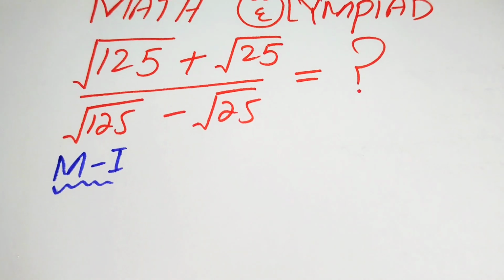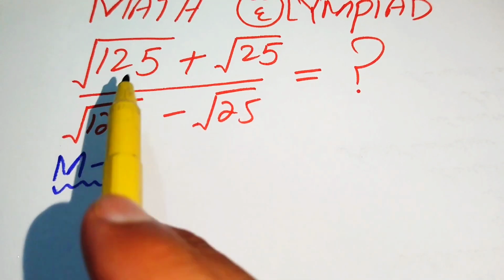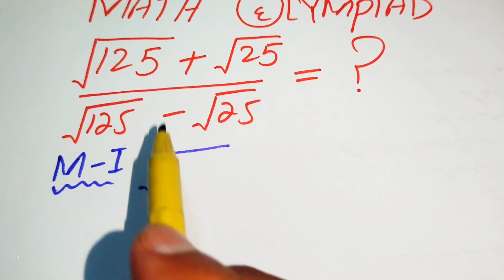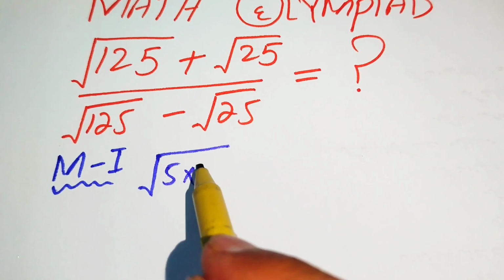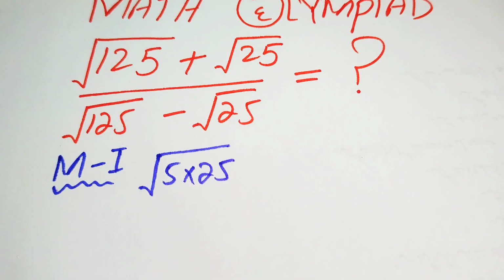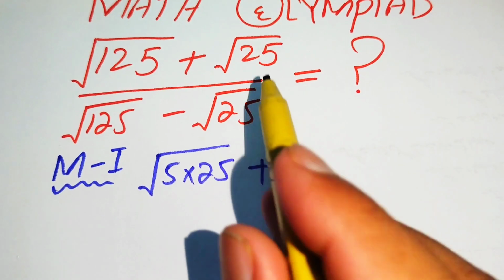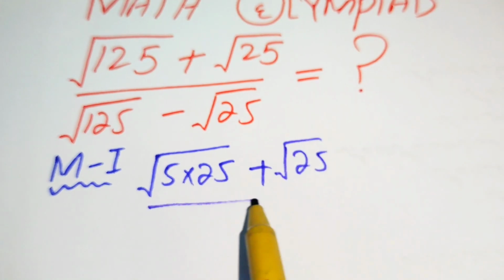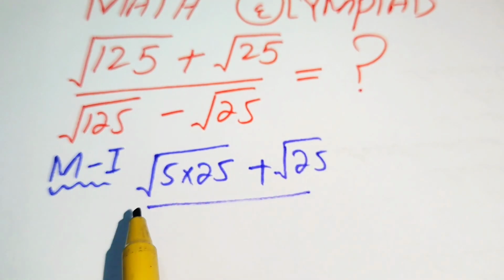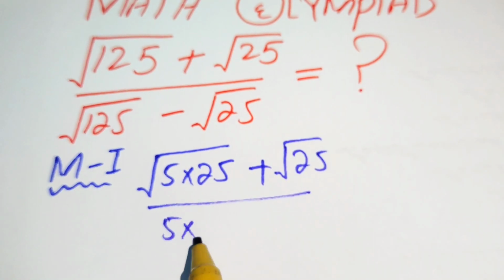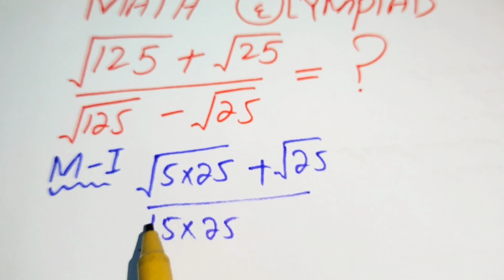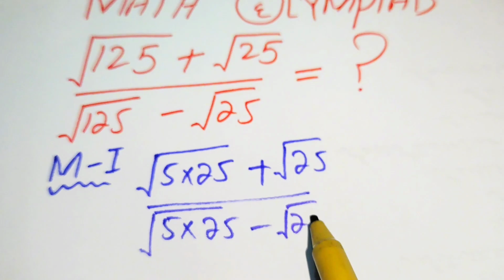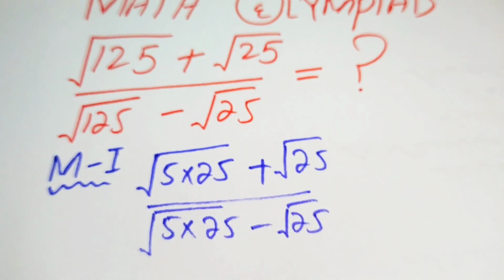In this method, we just rewrite √125 in this form, because we know that 5 times 25 is equal to 125, plus here we have √25, and this is divided by √125, which we again write as 5 times √25, minus √25.